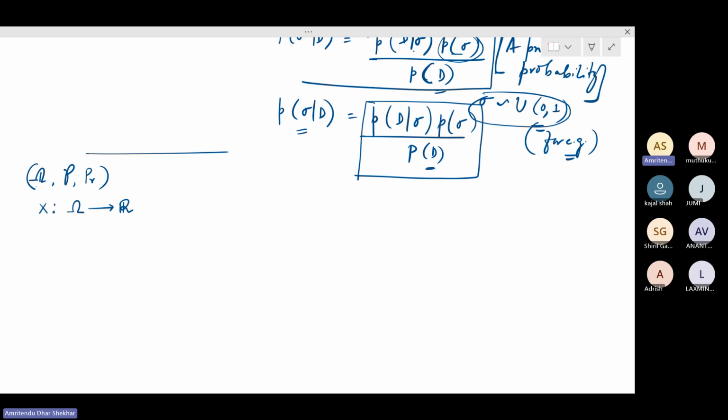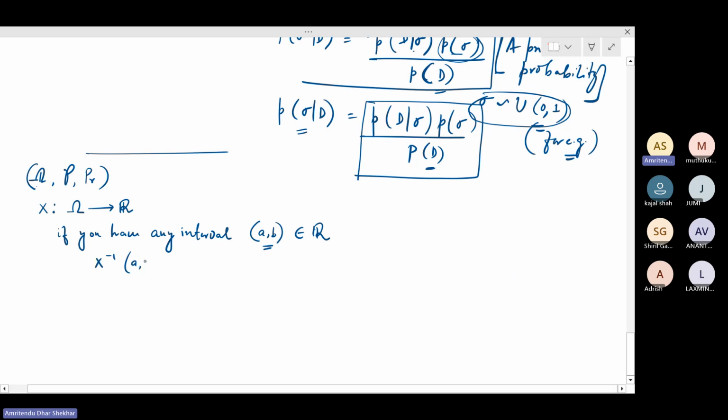It is a function which satisfies this property: if you have any interval, let's say (a, b) in R, and you look at the inverse image, X inverse of (a, b), then this has to be an event. So this has to be in P, and this is an event.